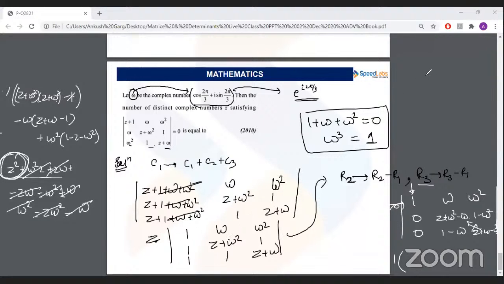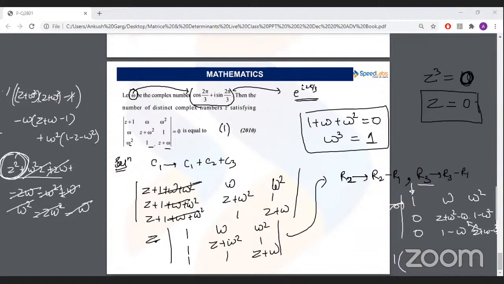So Z square into Z, that is Z cube, equals 0. So Z cube equals 0. That means the only solution we are getting is Z equals 0. So the number of distinct complex numbers Z satisfying this equation is 1.